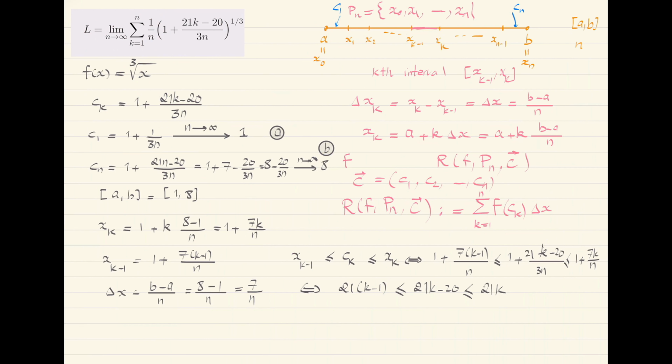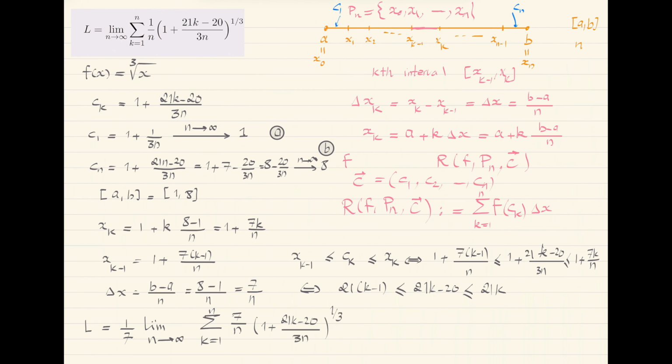So instead of calculating L, I can calculate 7L, or of course you can calculate L like this. You can write 1 over 7, and then you can write limit n goes to infinity, and then I have sigma k goes from 1 to n. I compensate that 1 over 7 by putting a 7 up there, and then I have 1 plus (21k minus 20) divided by 3n, to the power of 1/3.